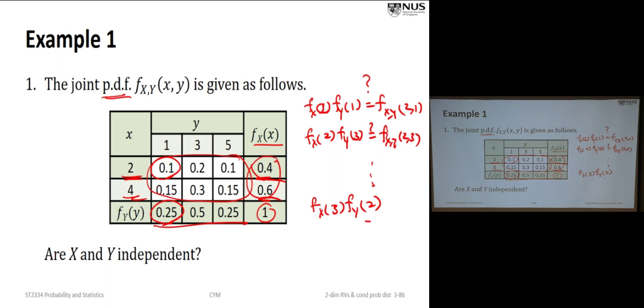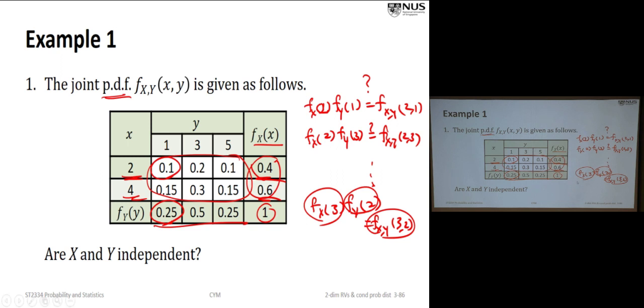This is also equal to f of xy at 3, 2. This is also true, because what is this? 0. What is this? 0. What is this? 0. So it's also true. That means it's true for all the xy. Usually we just look at the points with non-zero probability. Usually the 0 probability will hold.